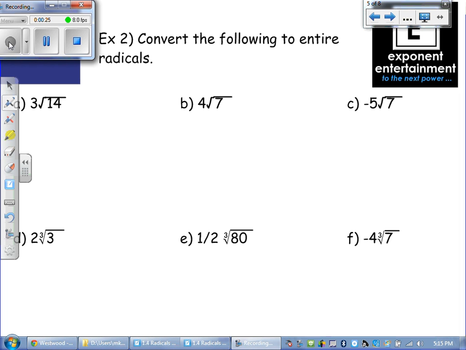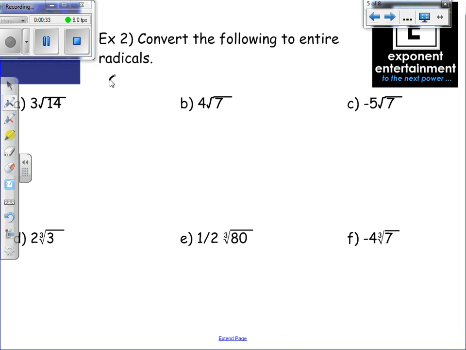We'll start with question A. So, there's a few things we need to remember before we do anything. Mixed radical form and entire radical form.